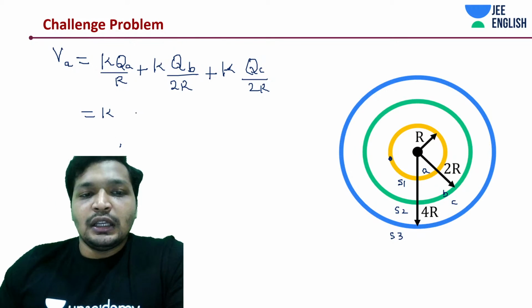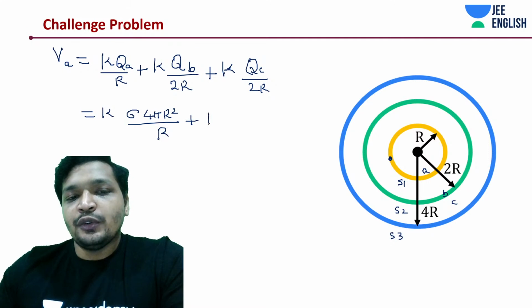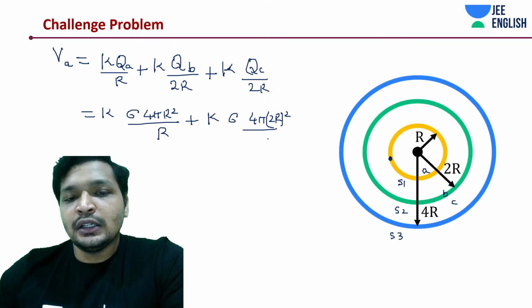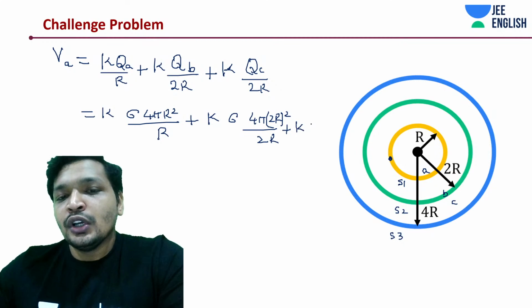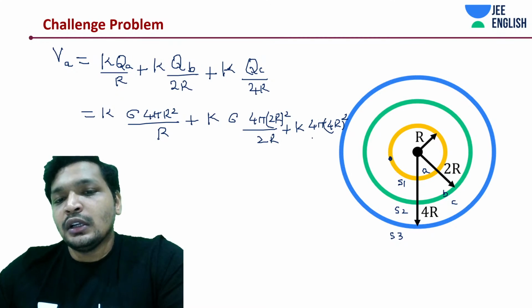So QA, what is it, sigma into 4 pi R square, right, divided by R, plus you will have k into QB, sigma into 4 pi 2R square divided by 2R, and then there would be k into QC, which is going to be 4 pi 4R square, and this should have been also 4R divided by 4R. There should be a sigma.